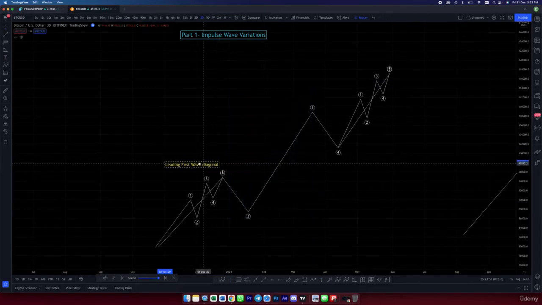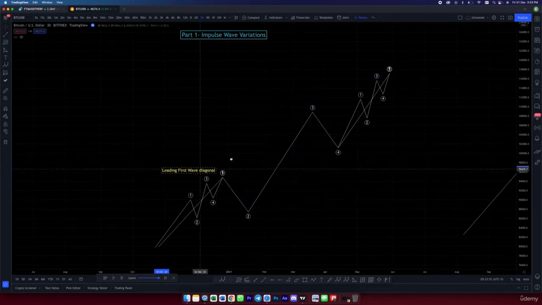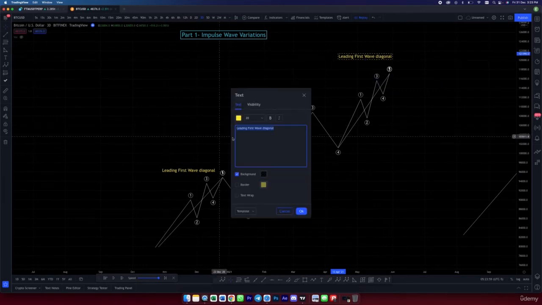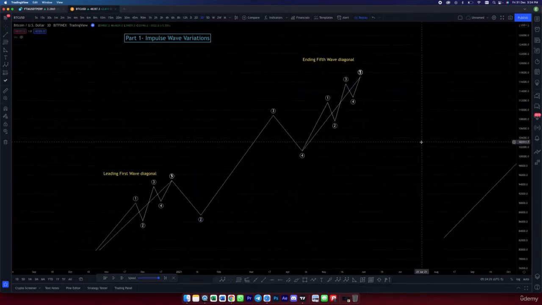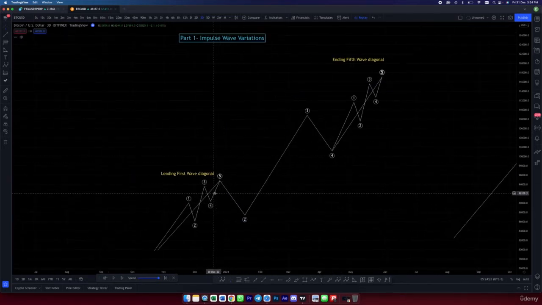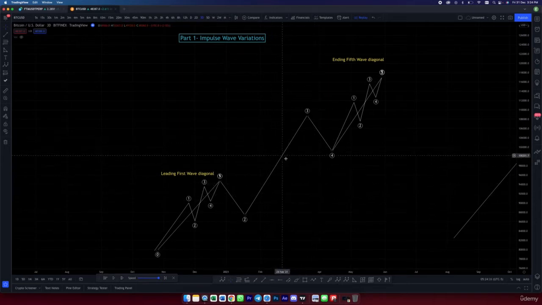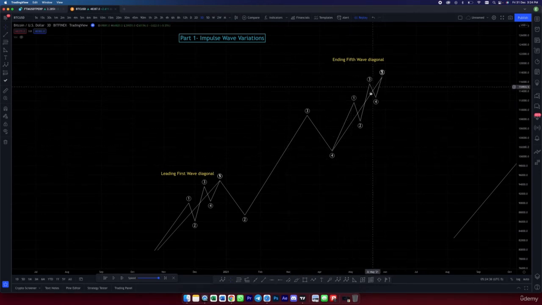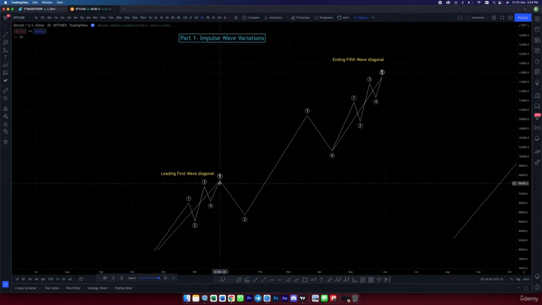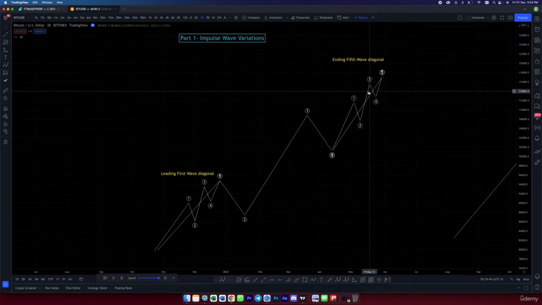So when it occurs in the first wave, we call it leading first wave diagonal, and when it occurs in the last wave, we call it ending fifth wave diagonal. The second wave will not have any such diagonal. You will not see that.